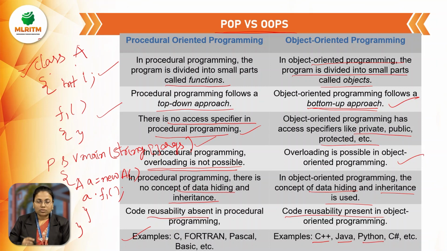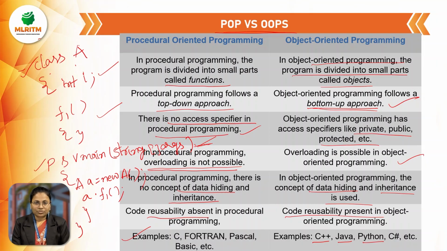So in case of the Java programming language, the execution will start from the main method. The JVM will enter into the program through the main method, right? Inside the main method, it will check the object creation.